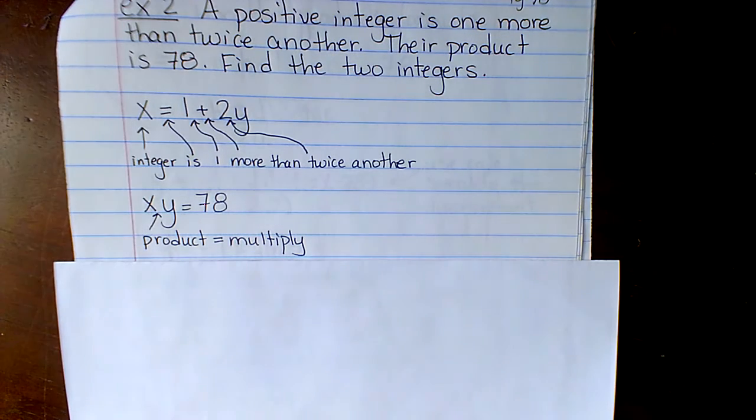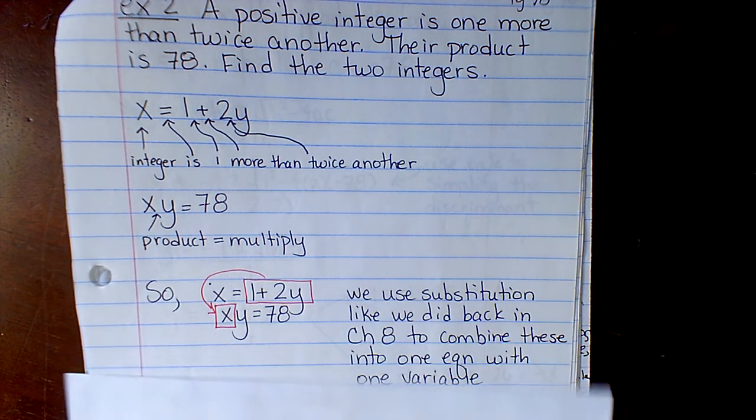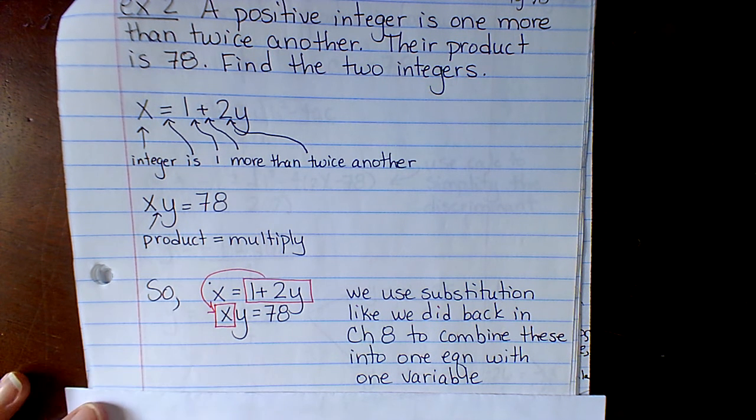Now, do you guys remember how we solve a system of 2 equations and 2 variables? We use substitution. So I am going to eventually get rid of one of those variables. If you wanted to do something with substitution in example 1, you could have. I chose not to. I chose to just set it up in a different way. But if you choose to use substitution in example 1, that works too.